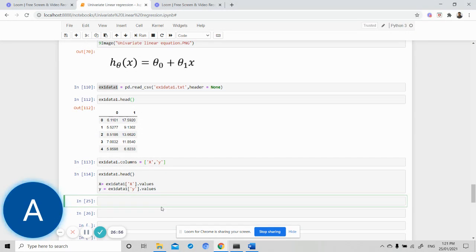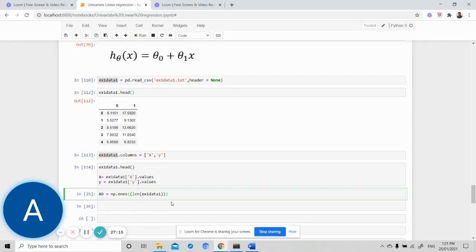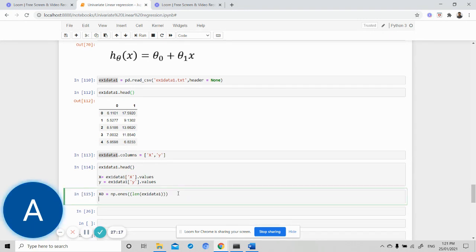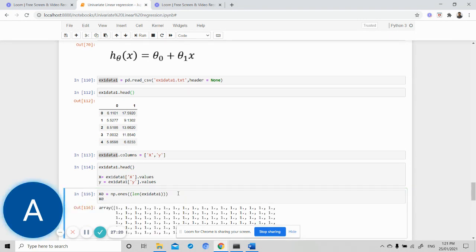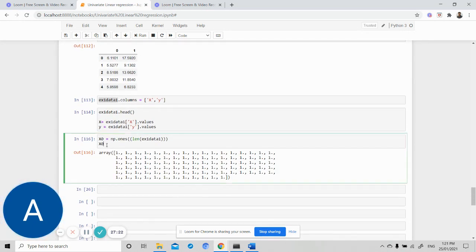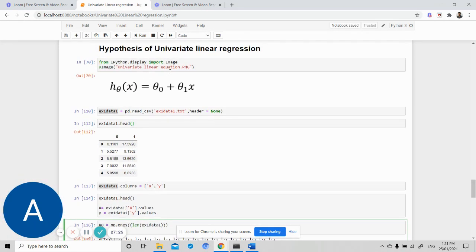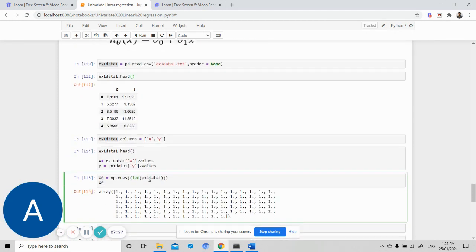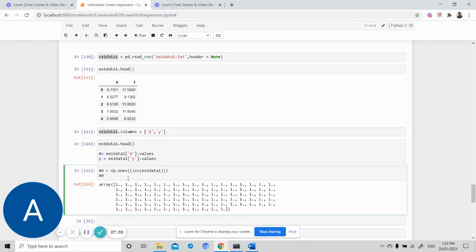So let's create my x naught, which equals np.ones of the length of total records. So x naught will be my ones matrix. If you see, we have all 1 1 1 created. Why did we do that? This is because we have our equation theta naught x naught, and x naught is 1. Okay, that makes sense.